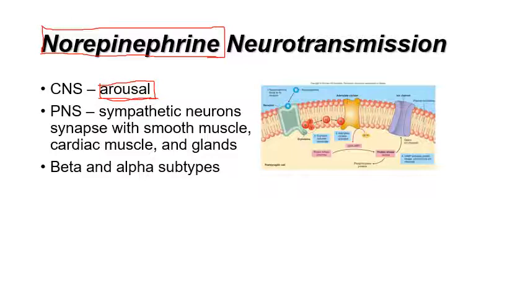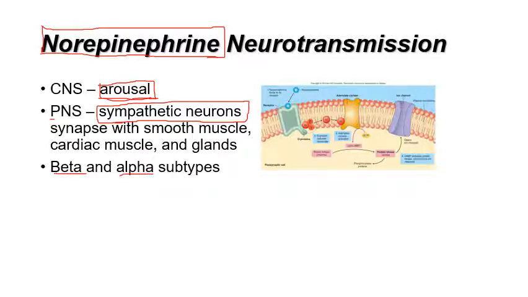We will see sympathetic neurons when we get to the autonomic nervous system. They are involved in signaling in the sympathetic nervous system, in the periphery. And we will see there are beta and alpha subtypes.